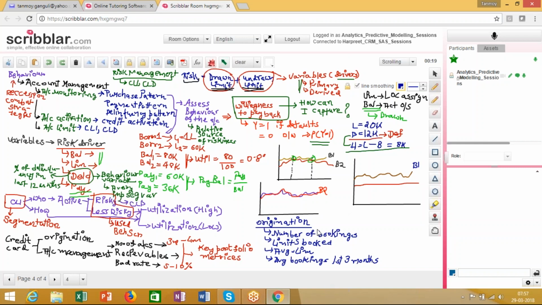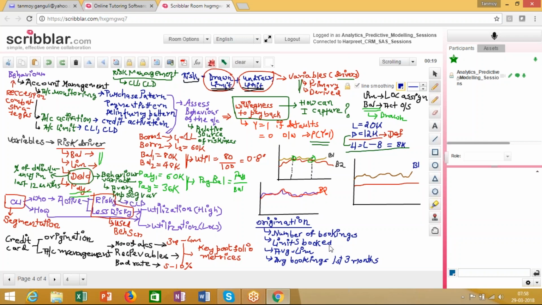You can keep on looking into these averages over different metrics, the amount of limit that has been booked. Within that, about the number of bookings and the limits booked, you can look into how much of the limit which was booked, say 12 months ago, is standing in the current bucket, and how much is standing in the delinquent bucket, and so on.